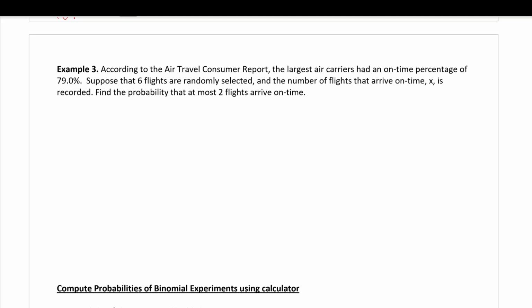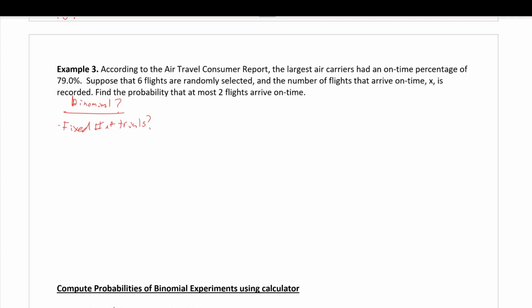Again, do we have a binomial here? All right, do we have a fixed number of trials? Well, 6 flights are randomly selected and the number of flights that arrive on time is recorded.